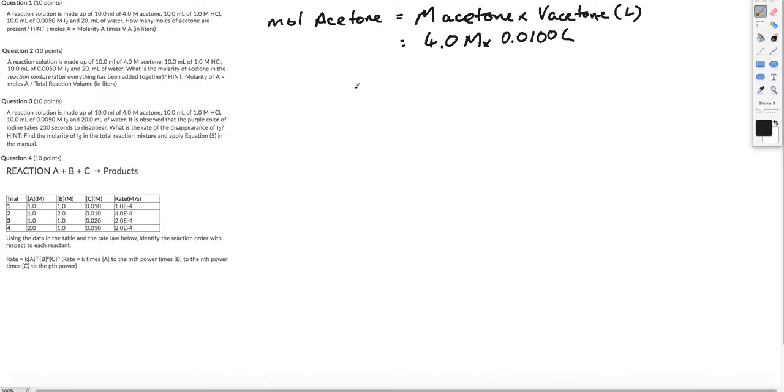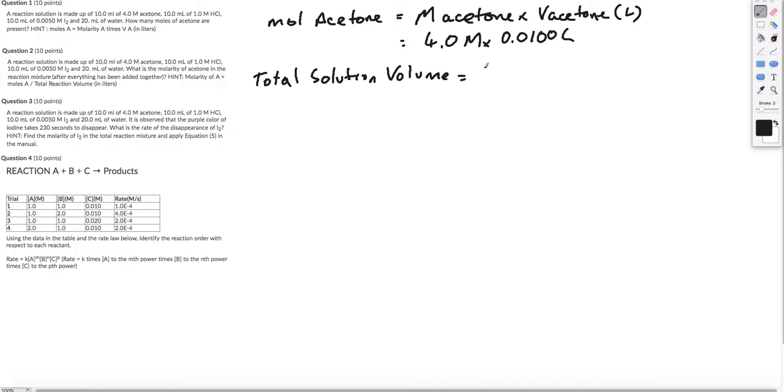And question 2, you're looking for the molarity of acetone in the reaction mixture. That's once everything is added together. And you've got to remember that this is going to be a total solution volume, which includes everything.